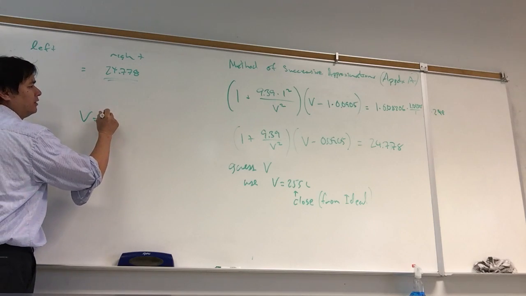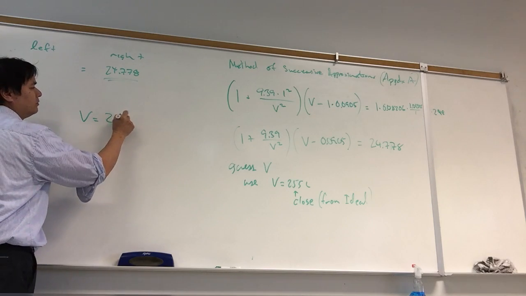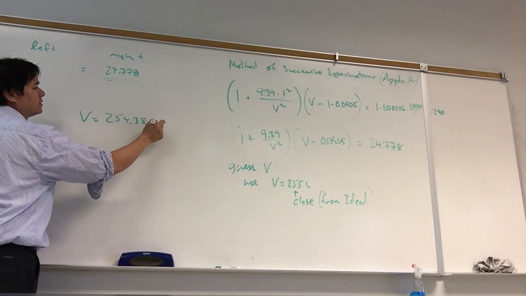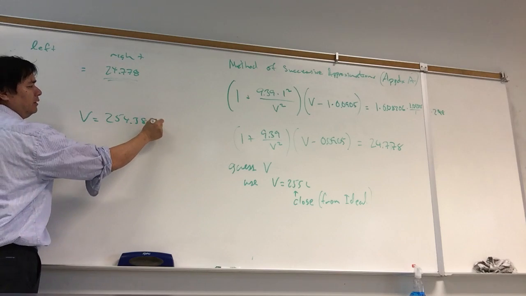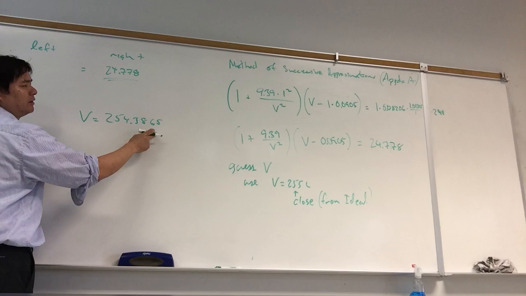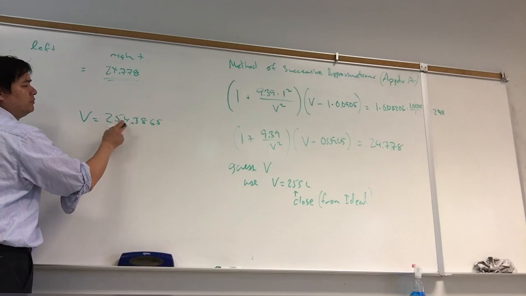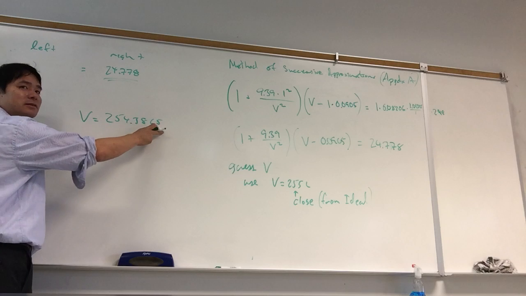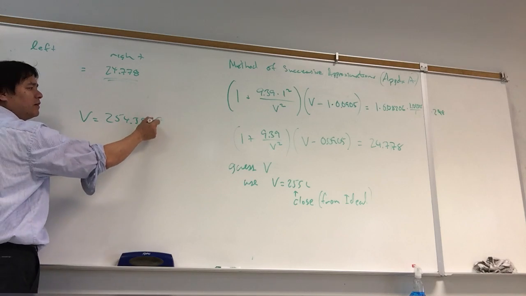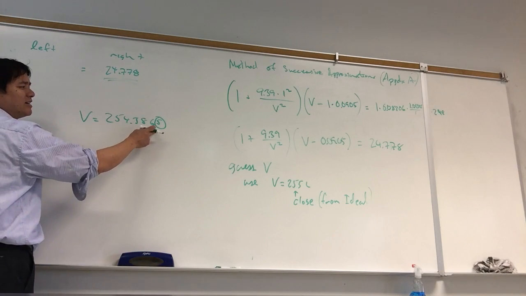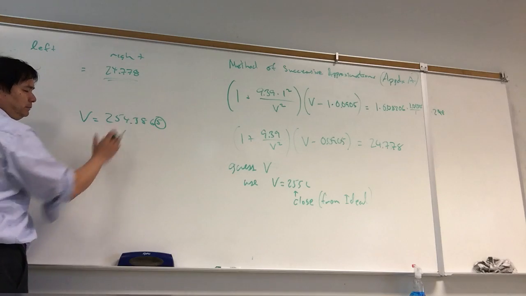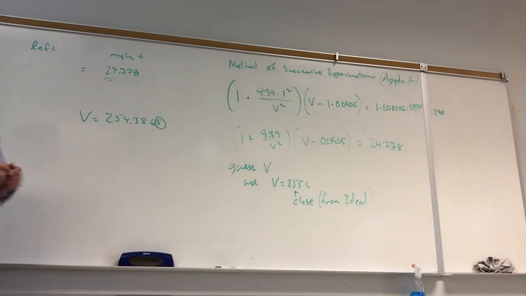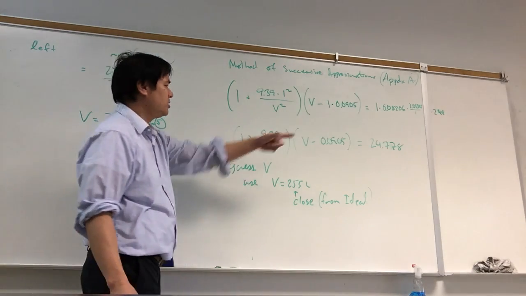Let's say the volume came out to 254.386, and this digit threw it off a little bit. So should you go 254.3864 as your next guess, or maybe 66? You start varying this digit here, because that's how precise we have to get it to get the changes that are required.